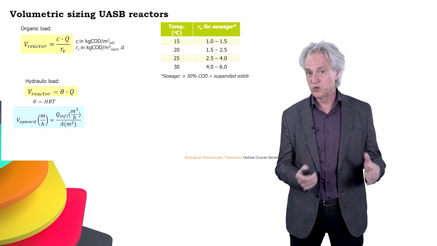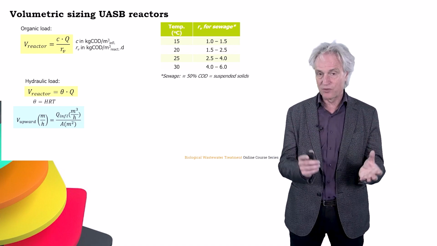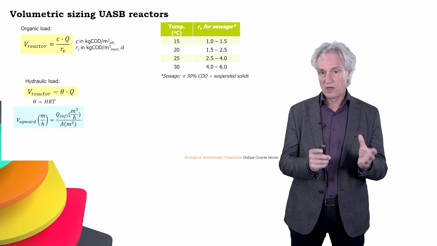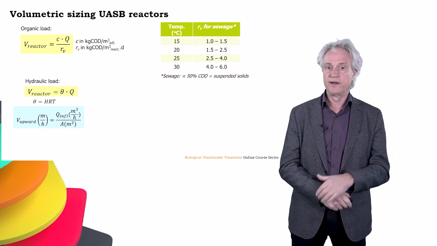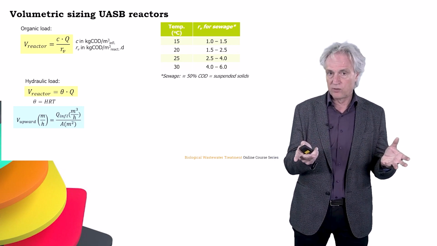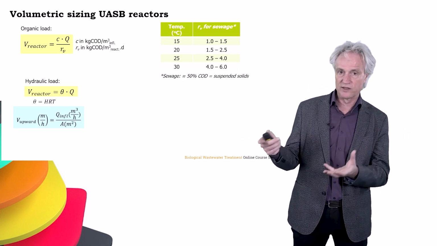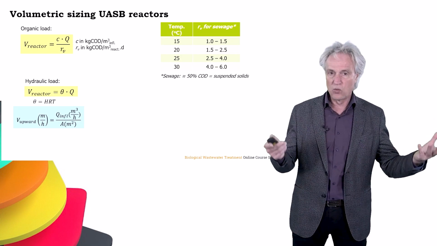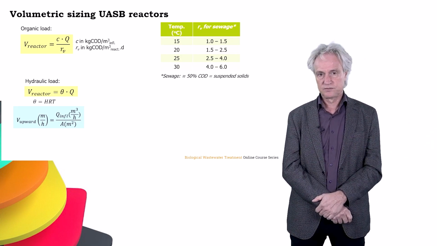We would like to retain all the suspended solids in our reactor by gravitational separation. Now a UASB reactor is characterized by a secondary clarifier at the top. The surface load of the secondary clarifier is more or less in the range of the activated sludge secondary clarifier, not more than 1 meter per hour, and for sewage even a little bit less.